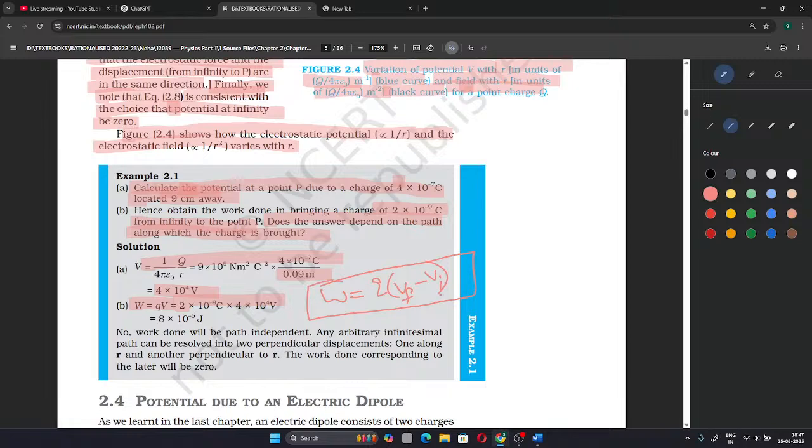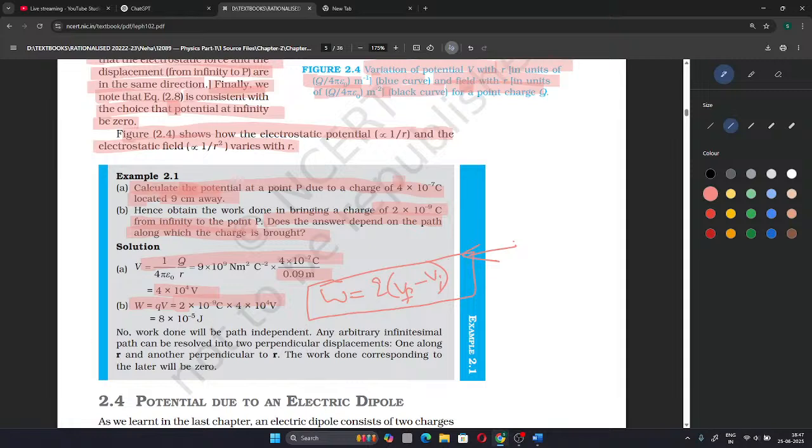In the case of infinity, V initial becomes V infinity, which is 0, so we can directly substitute W equals qV. But in other cases where the distance is not infinity, we use this formula.